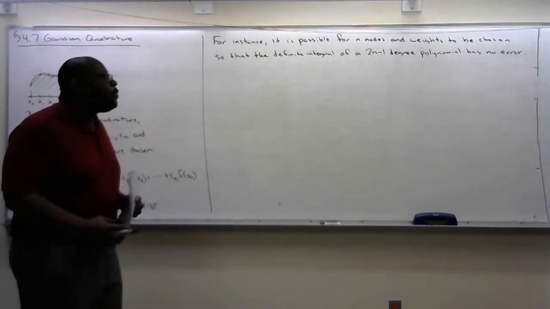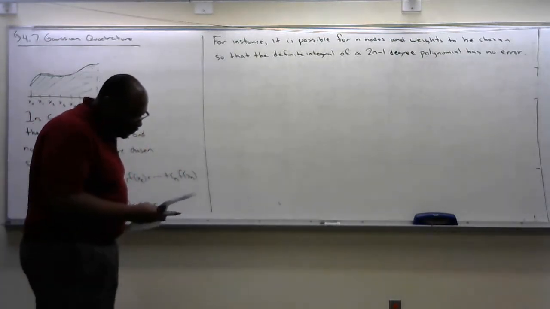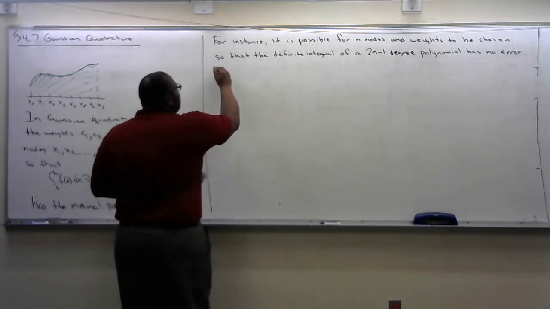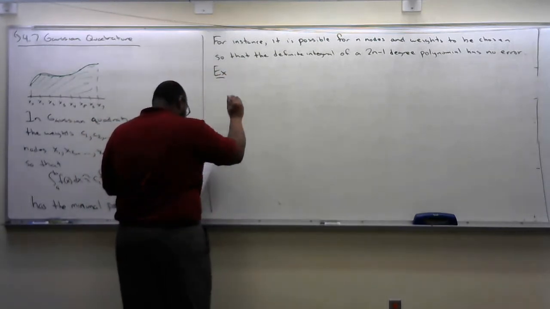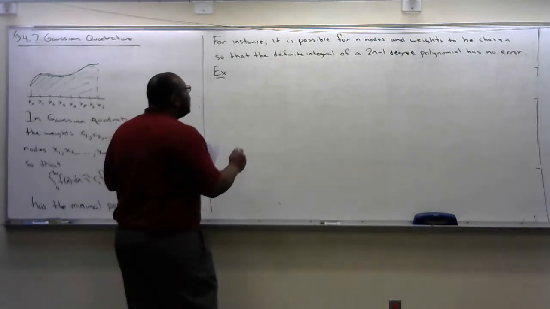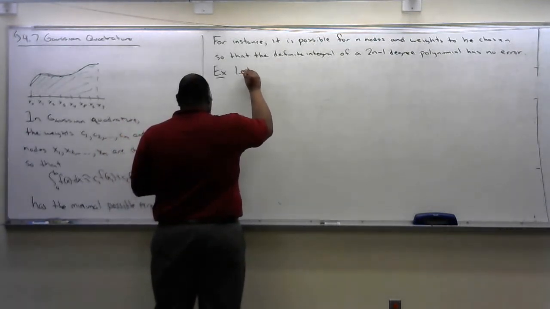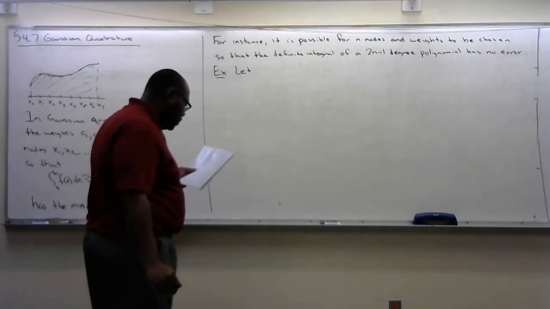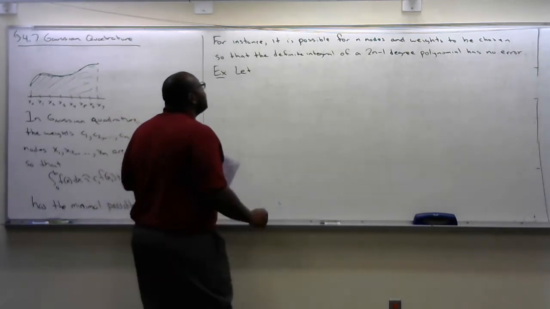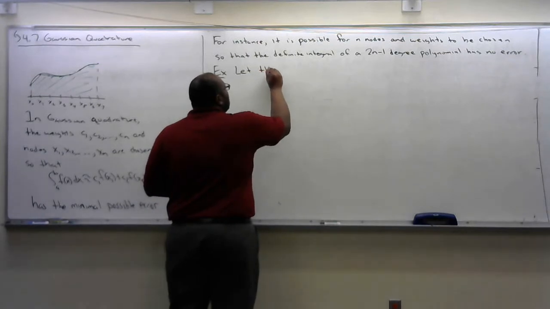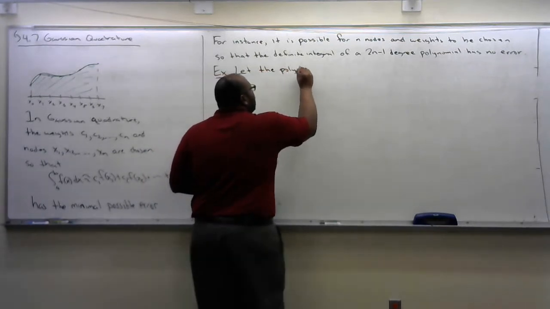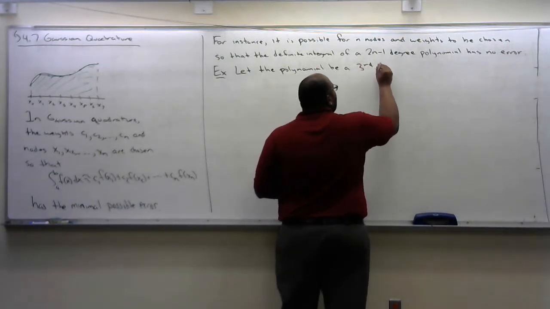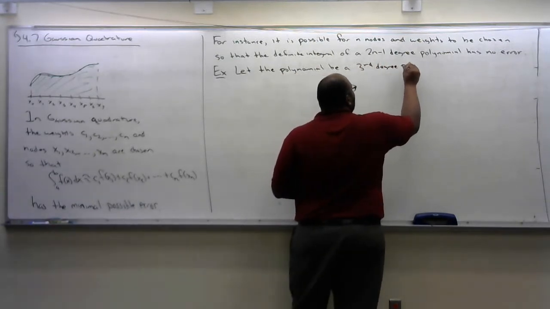Let's actually show that this is possible. Let's look at an example. Let 2n minus 1, let the polynomial be a third degree polynomial.